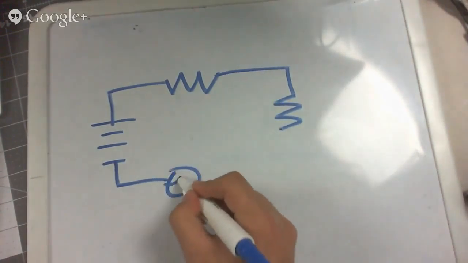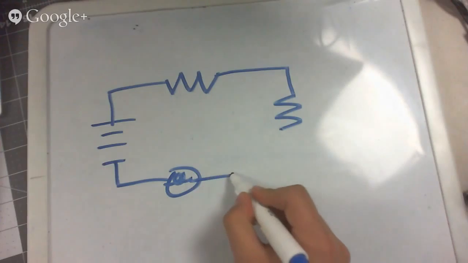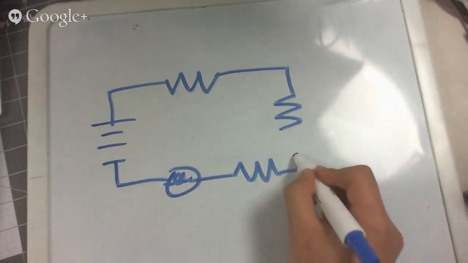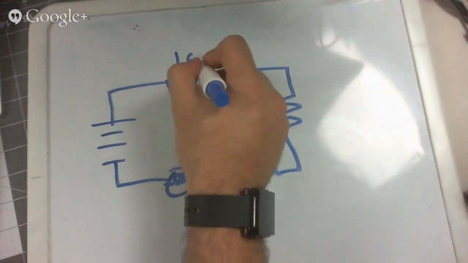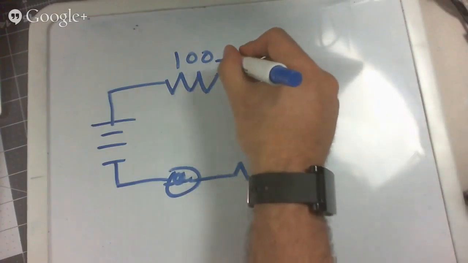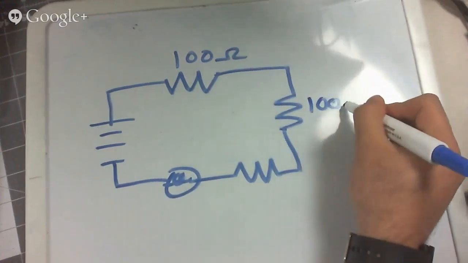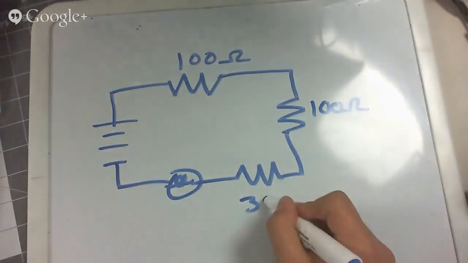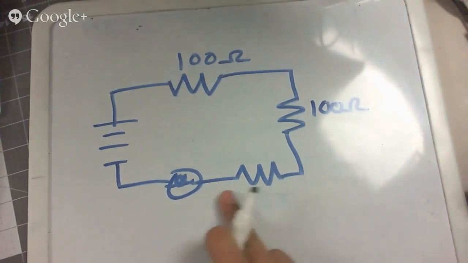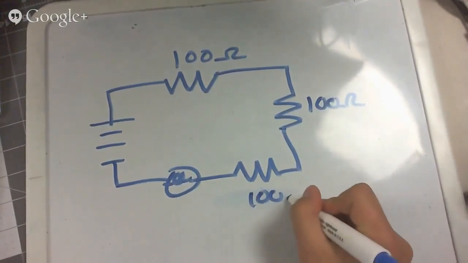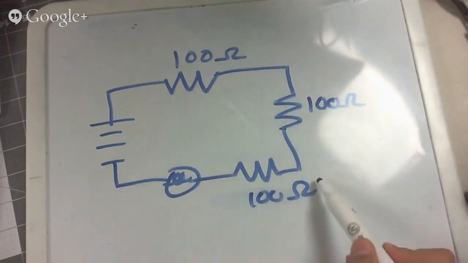So if I had only 3 100 ohm resistors, and I needed to get 300 ohms, what I could have done is add 3 100 ohm resistors in series.